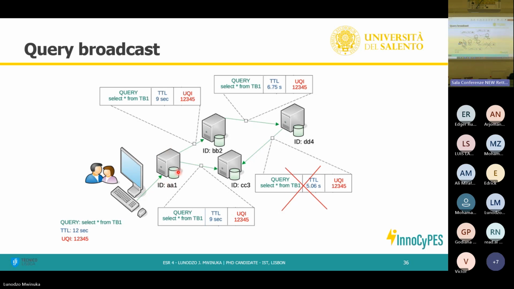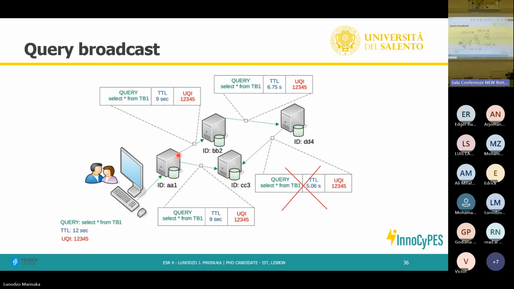Once this peer receives a query, it is responsible for forwarding it to all the peers that are in its routing table. The routing table holds the peers with which it can communicate directly. And each peer connected to the system has its own routing table. So each peer that receives a query has to forward it to its routing table.